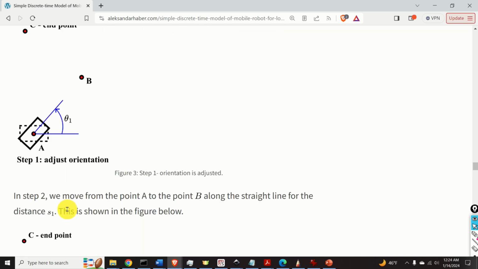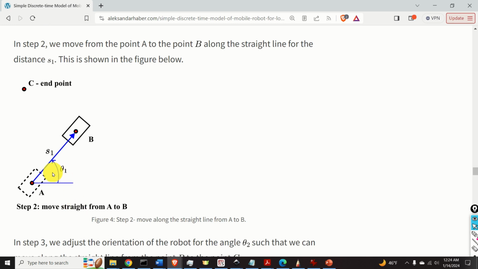So this is the first step. Adjust the orientation. In step number 2, we move from the point A to the point B along the straight line for the distance s1. Here's the graphical representation.